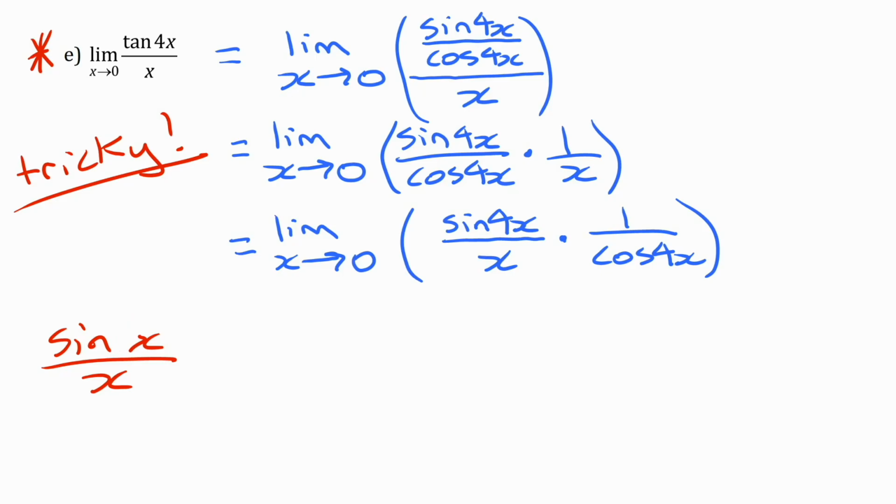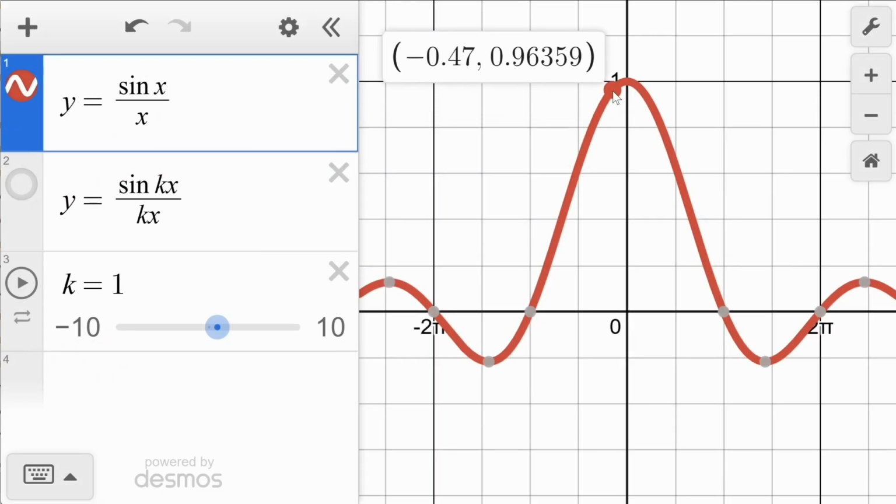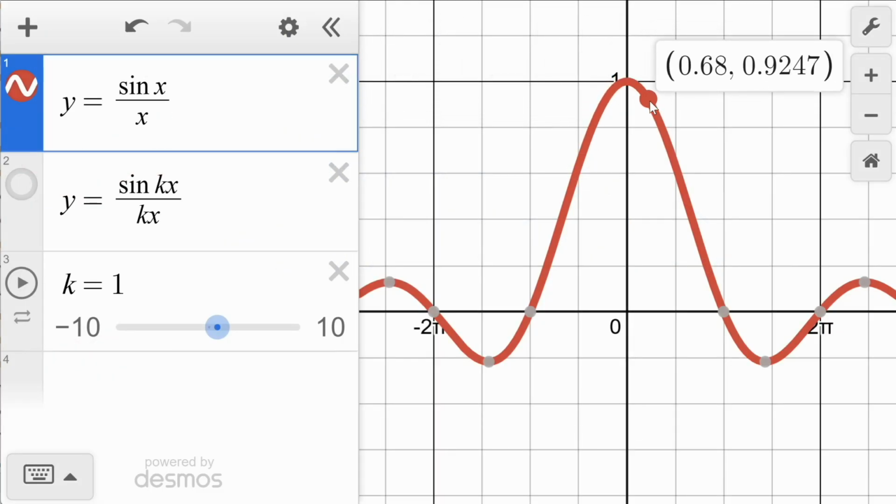The thing you may not know, and the trick here, is that if this said sine of 2x over 2x, or sine of 4x over 4x, it would also have a limit of 1 as x approaches 0. If you look at the graph, you can see why this is. For sine x over x, you know that that limit is 1 as x approaches 0.